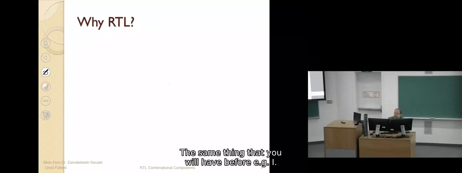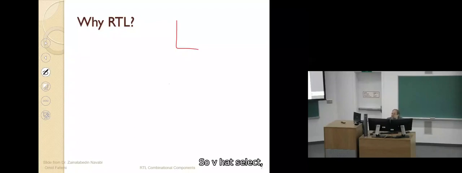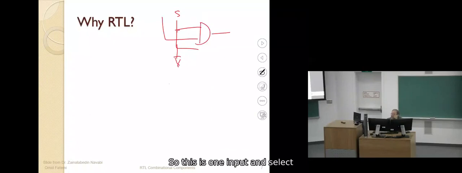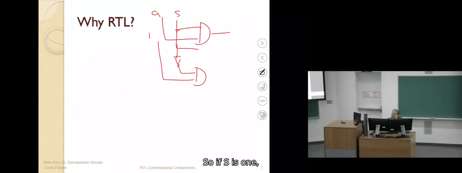The same thing that we had before. For example, I gave you a circuit like this. The circuit was a multiplexer. So we had a select, and we have two inputs. The select is ANDed with one input, and select not is ANDed with another input.